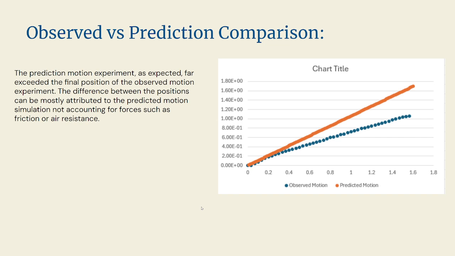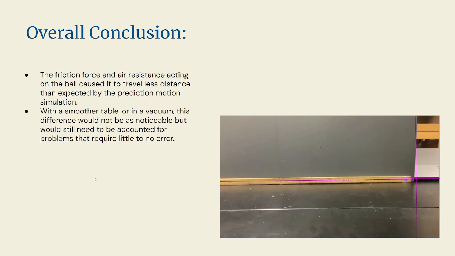The main reason for this is forces of friction and air resistance and some irregularities on the table or around the ball that could cause the ball to slow down in reality, but because we decided to not calculate any of that in the simulation and only use the initial velocity, the ball will not slow down in the simulation, as can be shown by this straight slope versus the slightly curved slope of the observed motion.